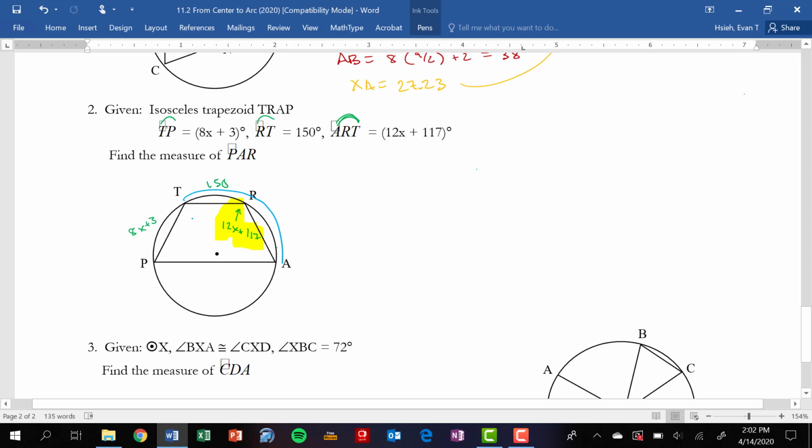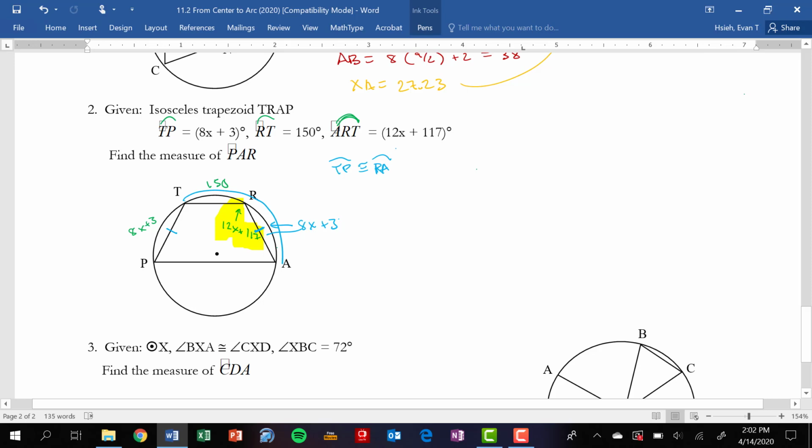I know that in an isosceles trapezoid, this leg and this leg are congruent to each other, which means that this arc here from T to P is congruent to the arc from R to A. And so that means that this arc right here is also 8x plus 3. They're congruent to each other.